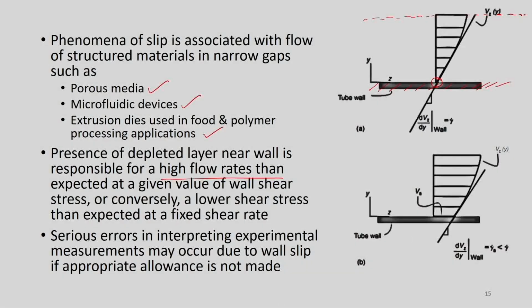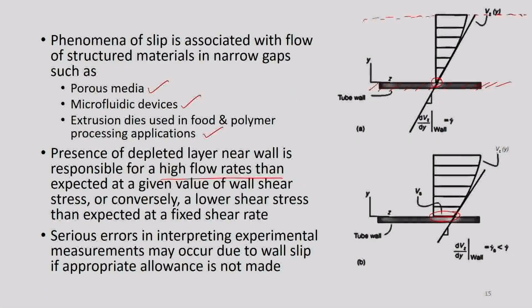This is what is expected in general for Newtonian fluids or any fluids where there is no slip velocity, but in very small size capillaries, and especially for non-Newtonian fluids, it is not true because of the depleted layer at the wall that has very small viscosity compared to its bulk effective viscosity. At the wall it will have some velocity, and after that it gradually increases in a similar manner as in the other cases.